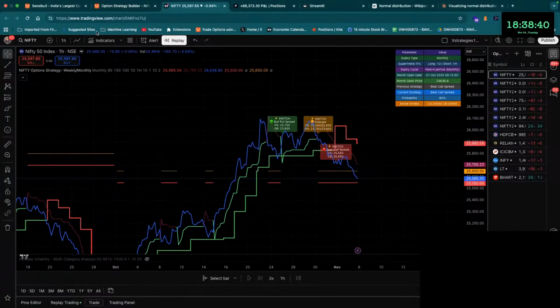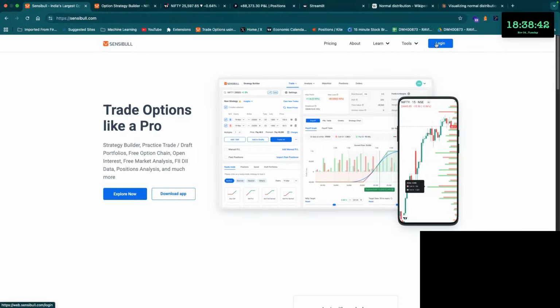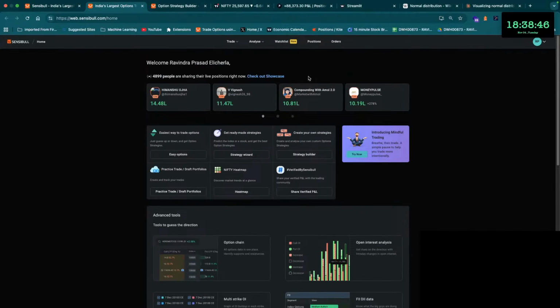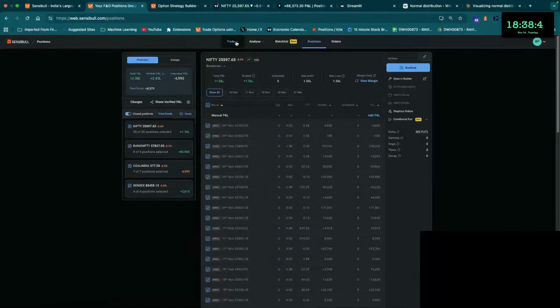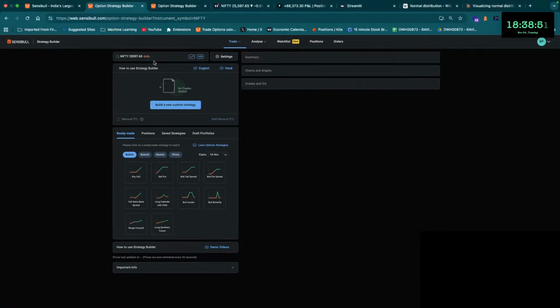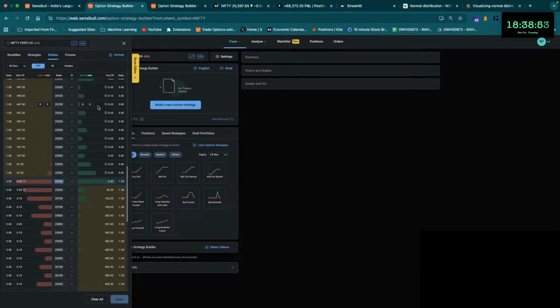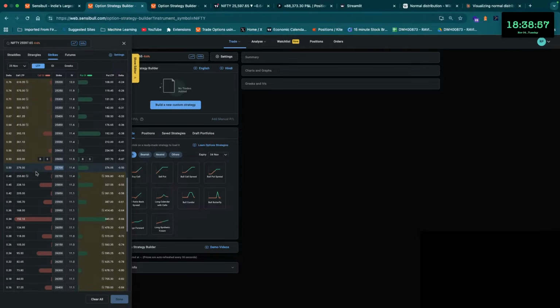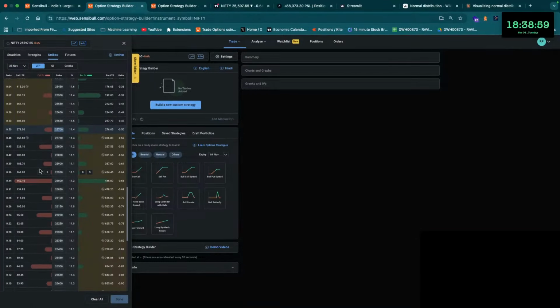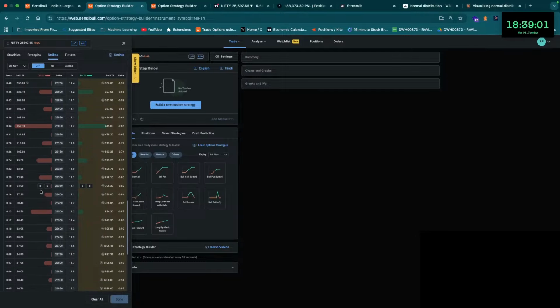Let's look at what Sensible, a similar kind of tool, suggests. We're talking about the monthly expiry, 26,550.